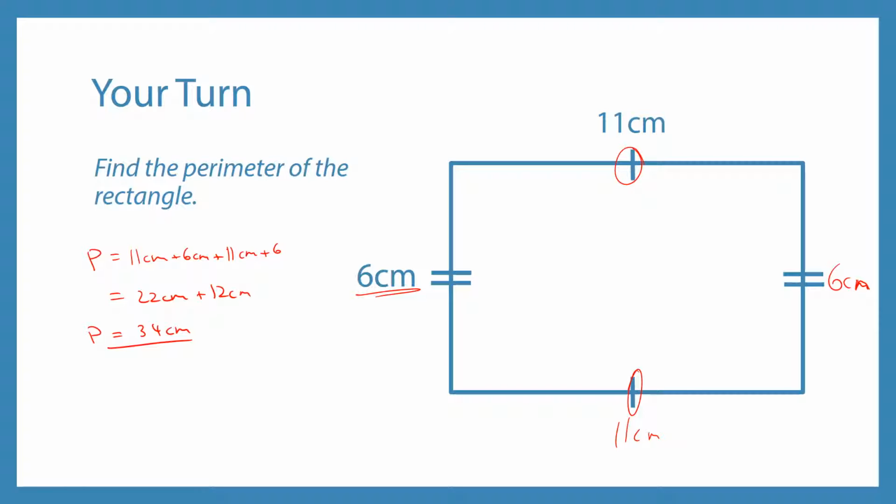We could have also used the formula. Perimeter is 2 times length plus height, which is 2 times 11 plus 6, which is 2 times 17, which is 34 centimeters.